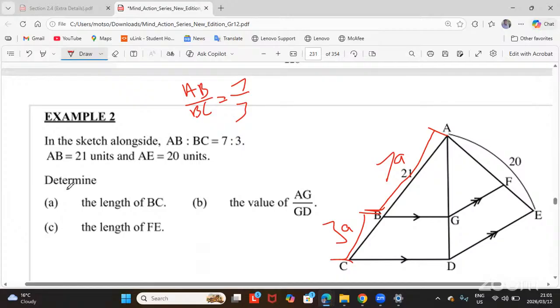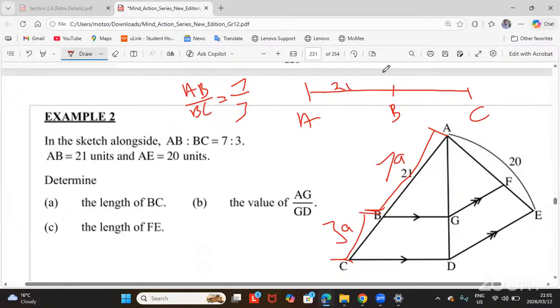Let's go to the other information that is given. AB is 21 units and AE is 20 units. Perfect. Now we are required to find the length of BC, which is this one. So in order for us to calculate this, look, we are having A, B, and C. From A to B, we are having 21 units.